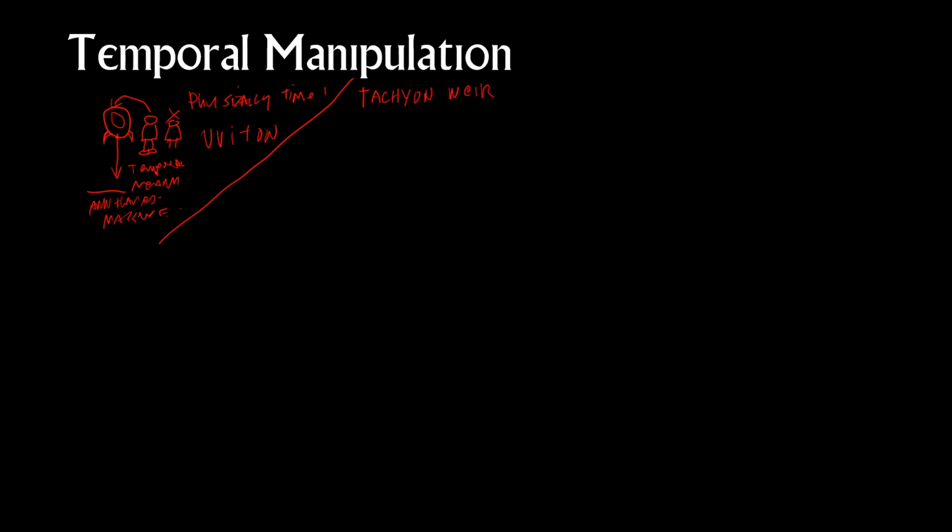What this is going to be doing is slowing down these backwards moving particles from the future, and you are going to encode information on them. You're not actually stopping them, because you cannot actually stop them, but you can slow them down by putting them through a tachyon weir.